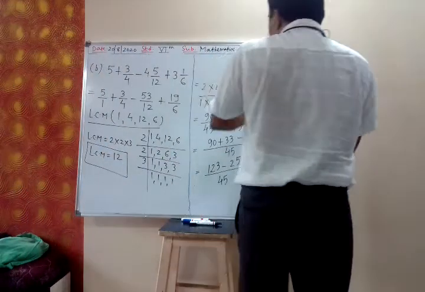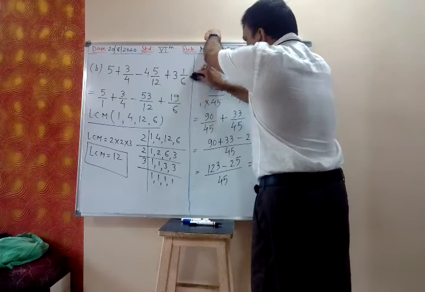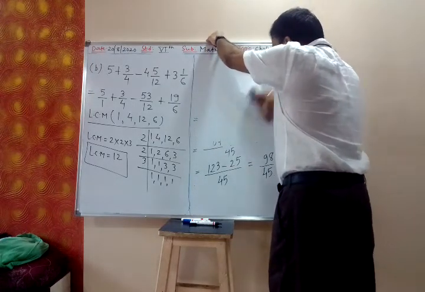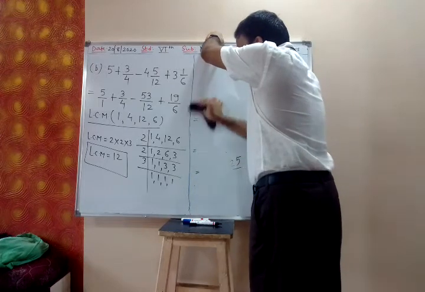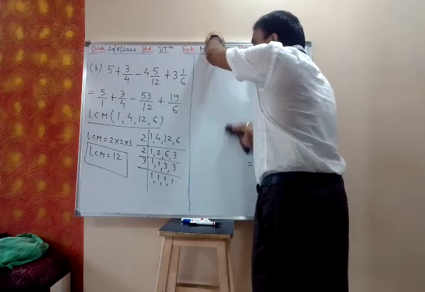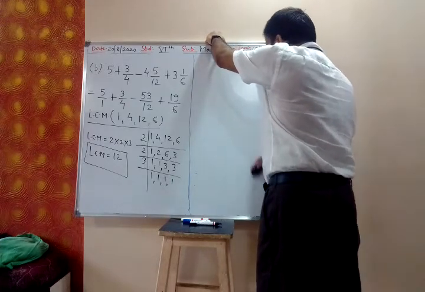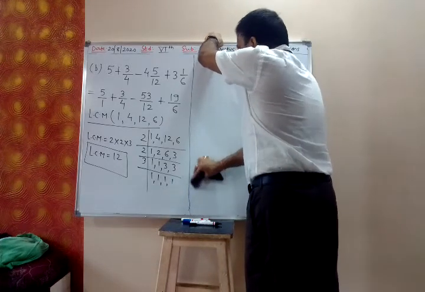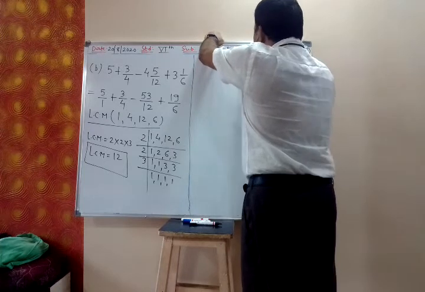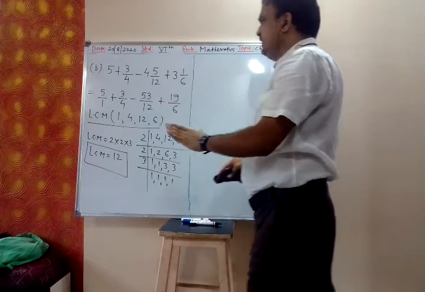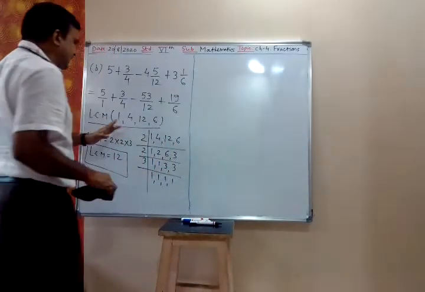Last year digest will not work. That will not work. Yes. So now write. See, we are not talking about digest. No, no, LCM of 1, 4, 12, 6 is 12.